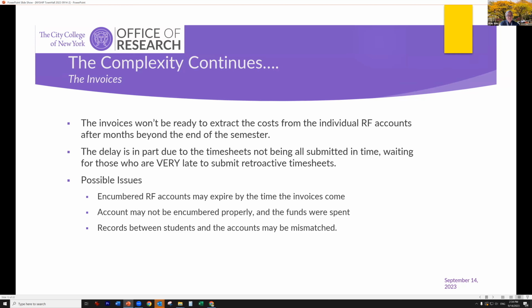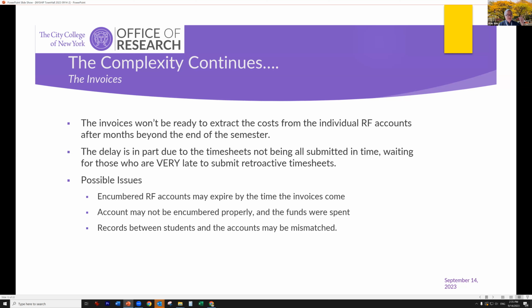I haven't gone through all of them yet, so I don't know if that's all of the spring invoices or if there will be more to come. And some of the faculty are paying their spring 2022 invoices just this March. So you can see the long delay is not a very good thing, and it causes a problem. And that's part of the major problem that triggered us to look into this process.